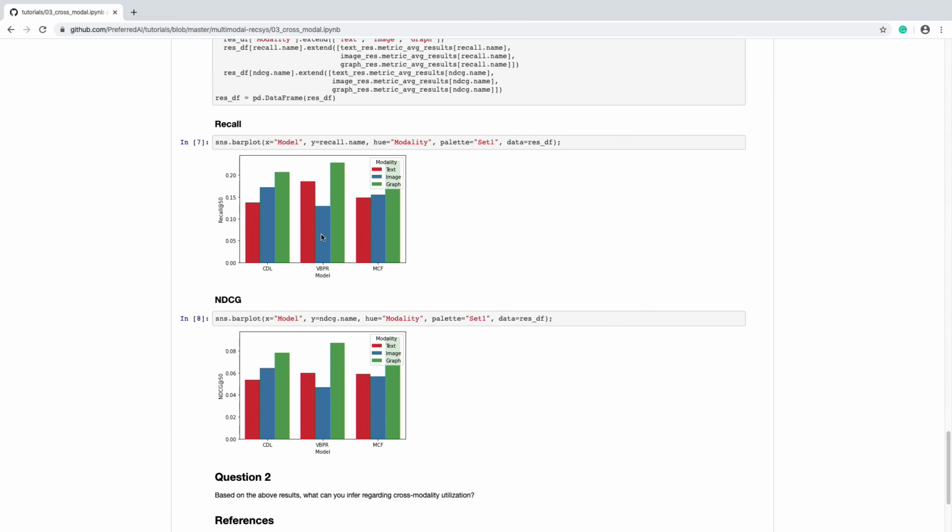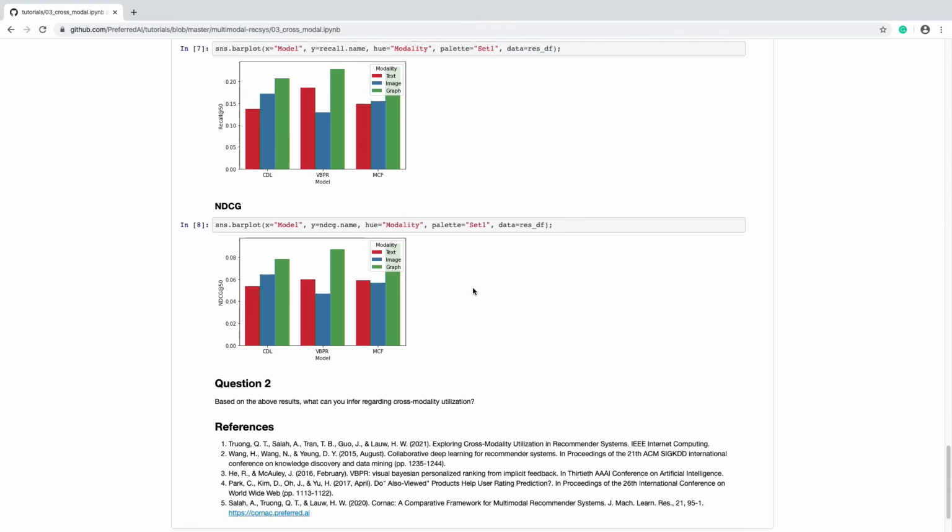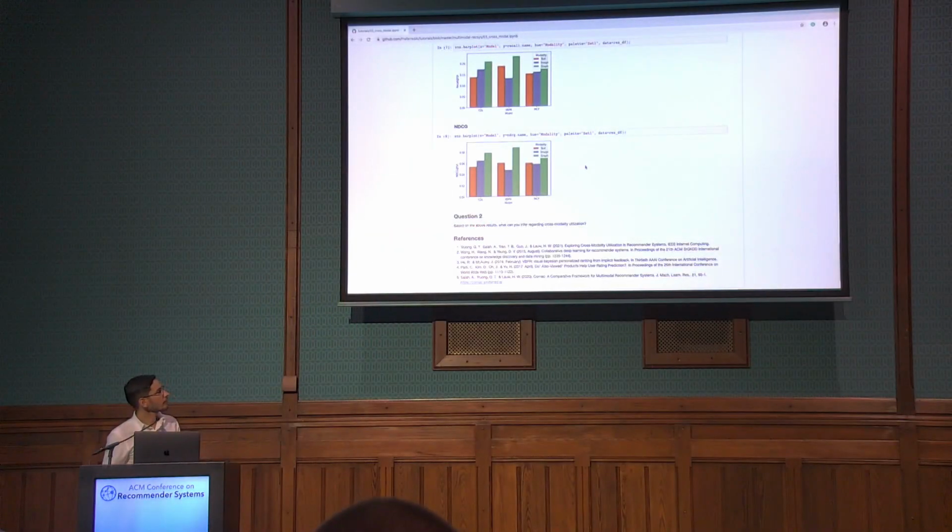You can quickly run these types of experiments to check which model you should pick for which modality, and which modality you should be considering. Okay, I think we can go back to the slides to conclude and discuss some of the future directions.